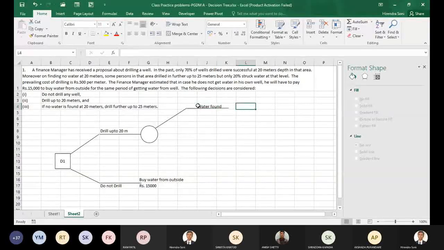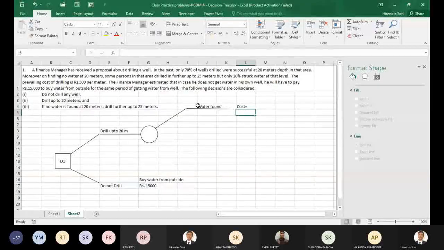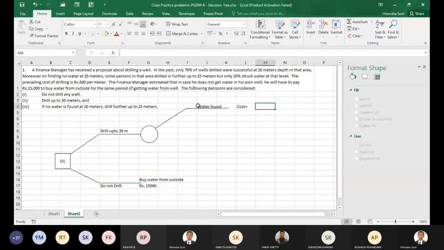What is the rate at which you are drilling it? Rupees 500 per meter. Yes, sir. You have drilled 20 meters, so your cost is 10,000 rupees. Fine up to this.